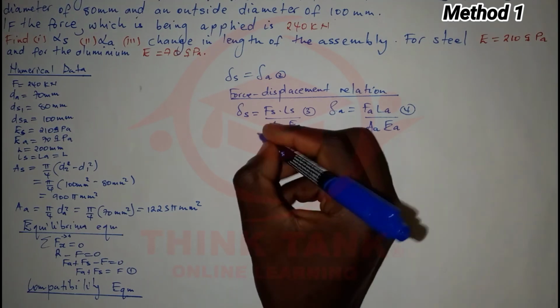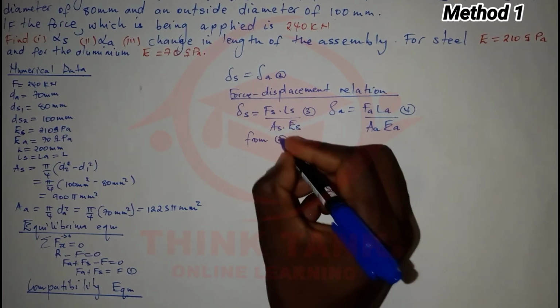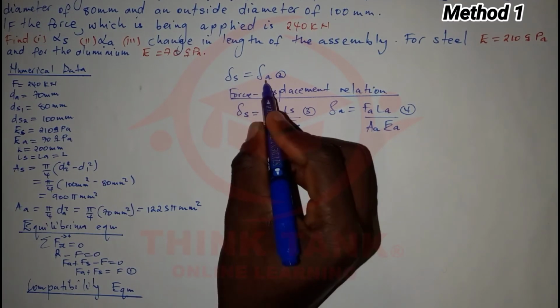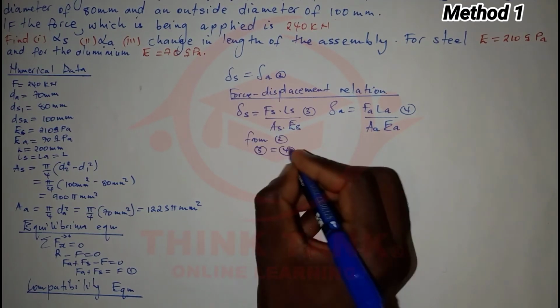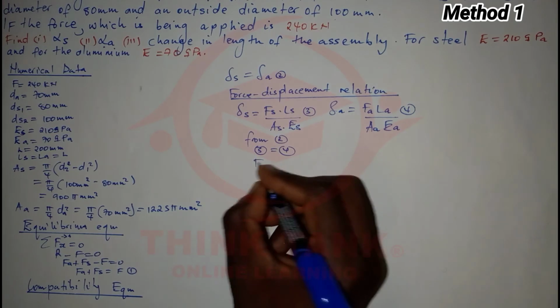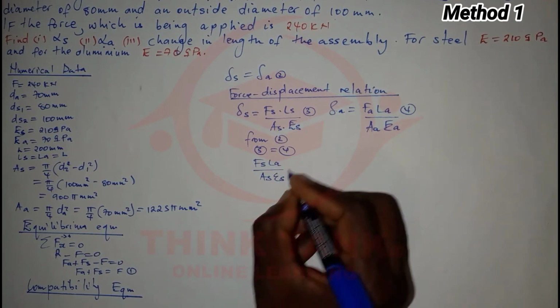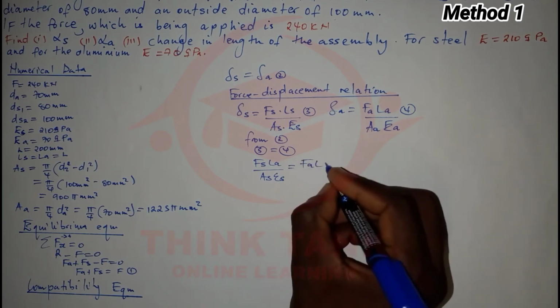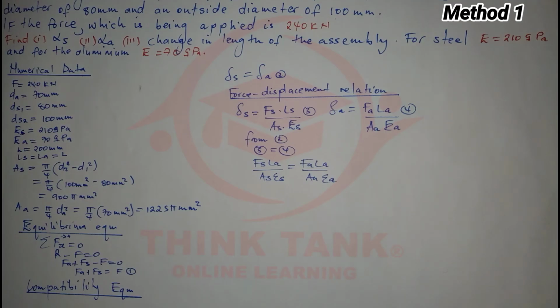So I'm going to write from equation 2 that the change in length of steel and the change in length of aluminium should be the same. So that means equation number 3 should be equal to equation number 4. So you can write FS LS over AS ES equal to FA LA over AA EA.